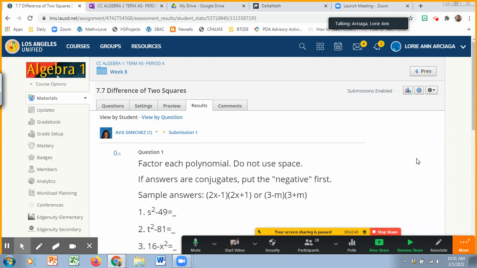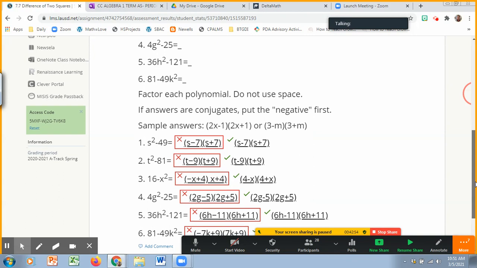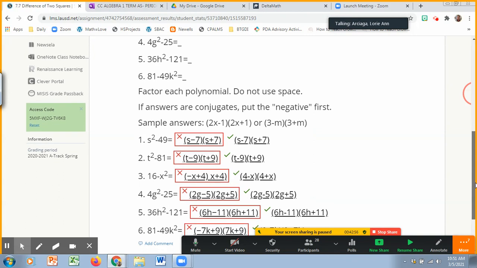Okay, a few more minutes, and then we go to Delta Math. Some of you have not. Okay, Ava, did you use some spaces? Oh, and you also have to switch the order.